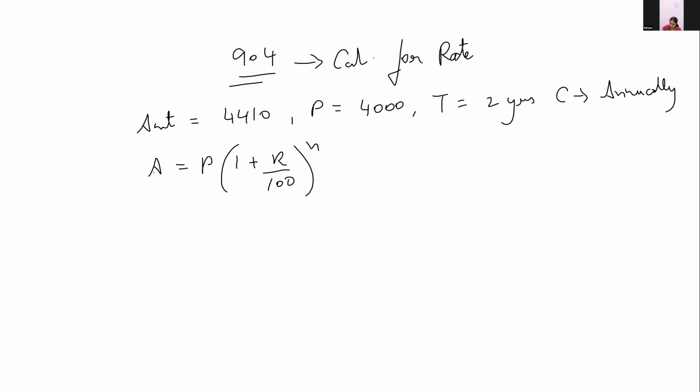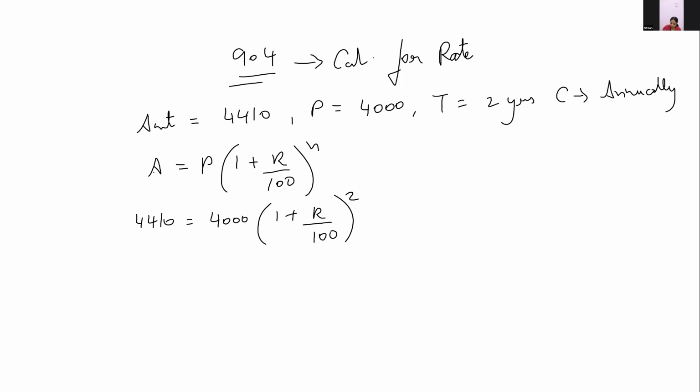But the amount 4410 equals the principal 4000. Okay. Then 1 plus rate is, we don't know. So R by 100, raised to the power 2.